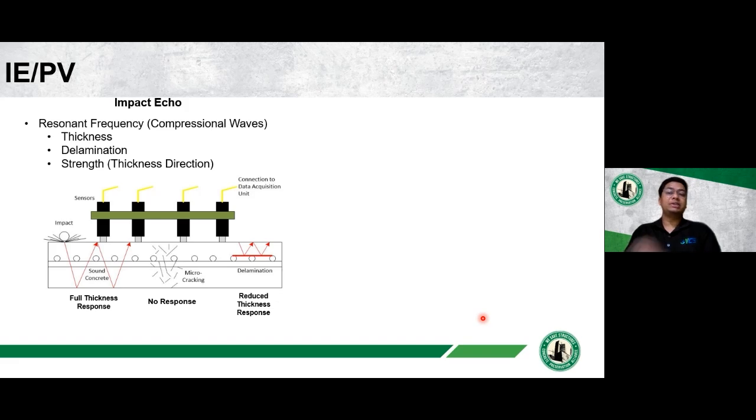So as the name suggests, the impact echo technique uses the resonant frequency of the echo or the reflection of the compressional wave to get the section thicknesses or to detect the presence of cracks, delaminations, or microcracking. And also, it can give you an idea of the compressive strength of the structure in the thickness direction.